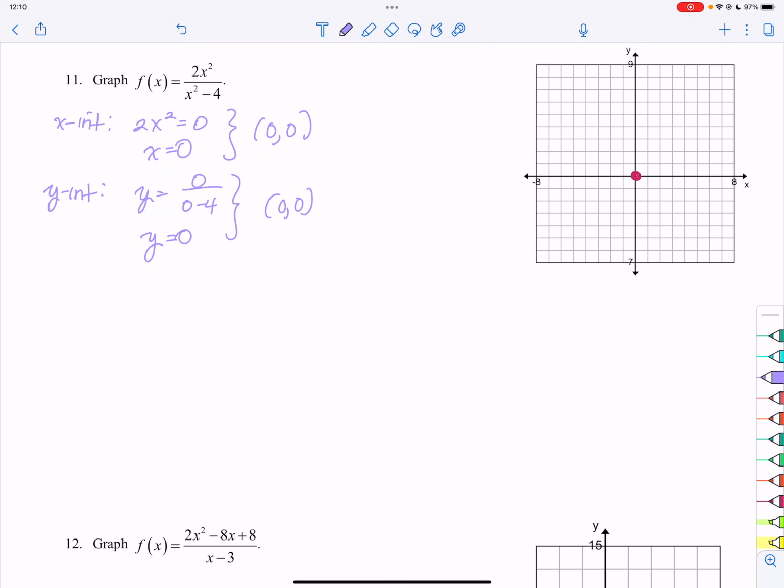Okay, now let's talk about the vertical asymptotes. We're going to set that denominator equal to 0. And we come up with x equal to 2 and x equal to -2.